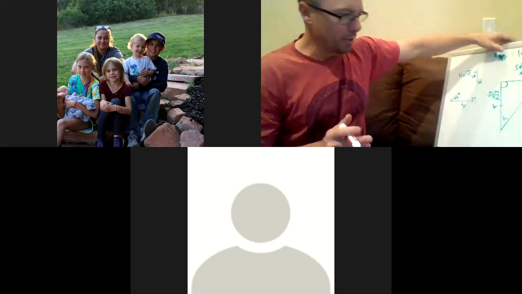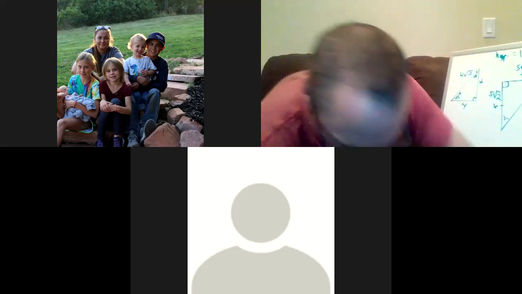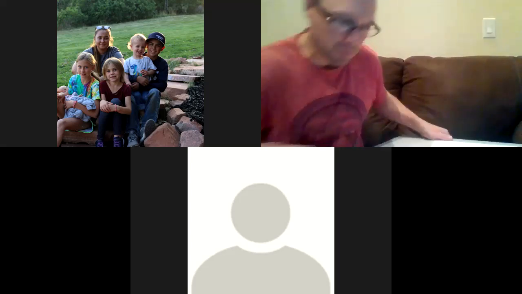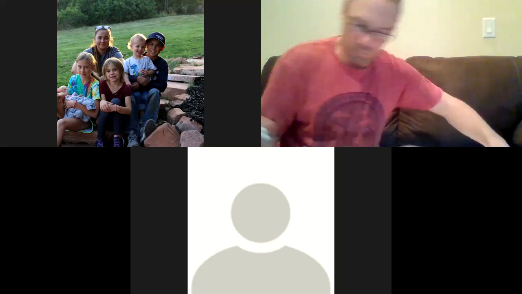Let's do a couple 30, 60, 90s, and we'll call it good. All right. I'll put our reminder equations at the top here. Hypotenuse equals short leg times 2.